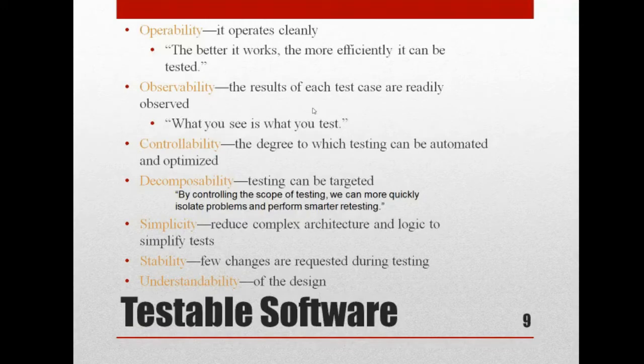With minimal testing or fewer test cases, if you are able to identify the errors and check the complete software, then it is good software. So reduce complex architecture and logic to simplify tests. That is simplicity.